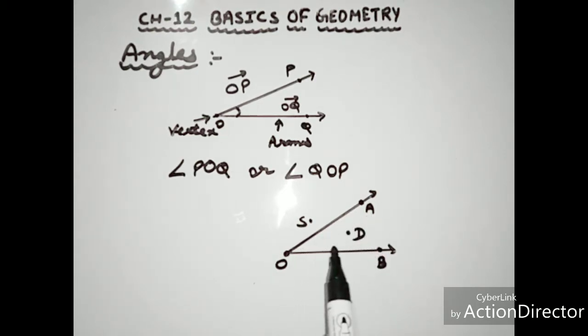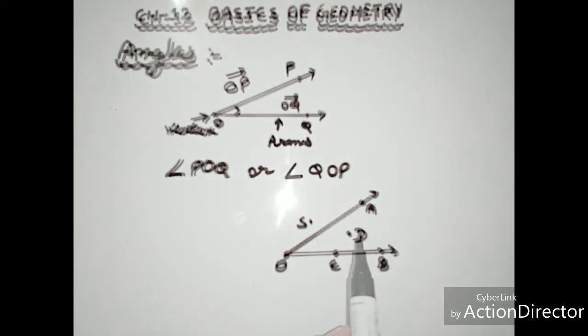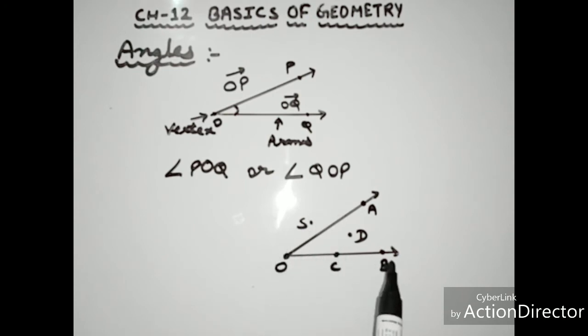Points which lie on the interior side are known as interior points, and the points which are located outside of the rays are known as exterior points.